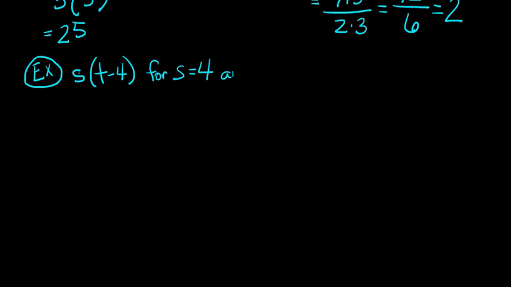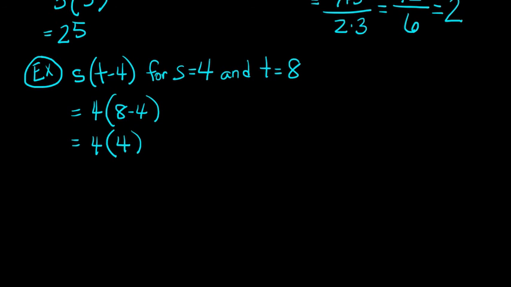So that means 4 times, if t is 8, that would be 8 minus 4. I want to do what's in the parentheses first. 8 minus 4 is 4, so 4 times 4, and we see that that equals 16. So parentheses first, what's above and below the fraction bars, and then we can do the rest.